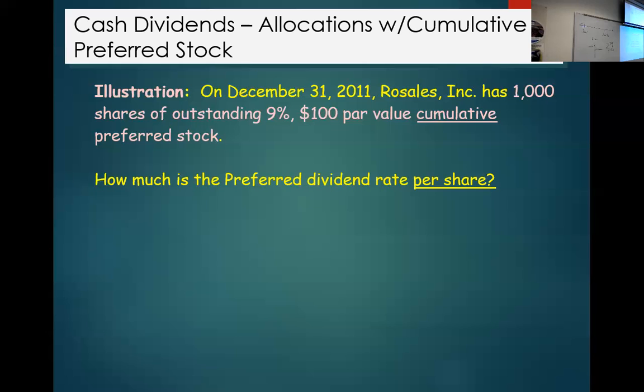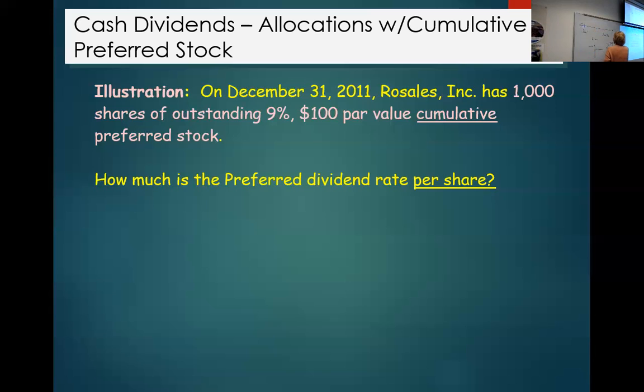So last year, on December 31st, 2011, the directors declared a $6,000 cash dividend. So we only had 6,000 to give out last year. And because we had preferred stock, they get theirs first.